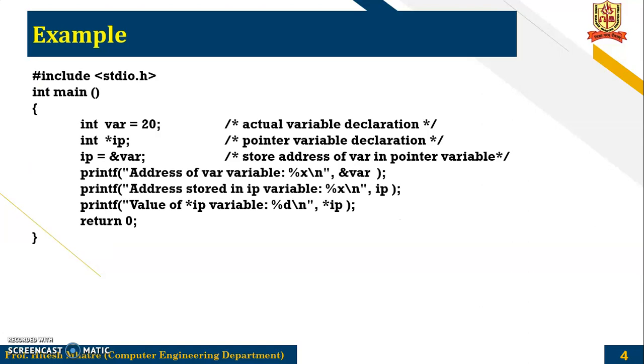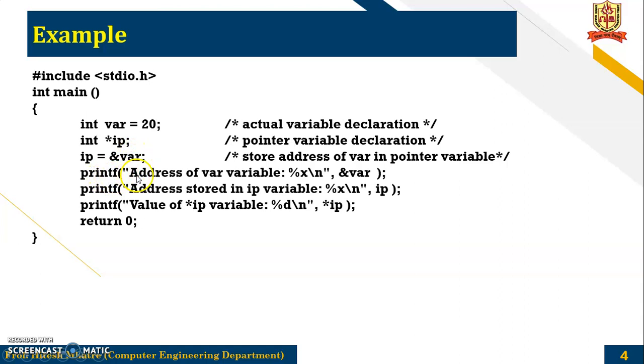Let's see an example: the header files, the main function, then integer var equal to 20. Now this is the actual declaration of my variable. Then integer star ip. Now this is nothing but a pointer to a variable. Then ip is equal to ampersand of var, means ip will store the address of my var variable.